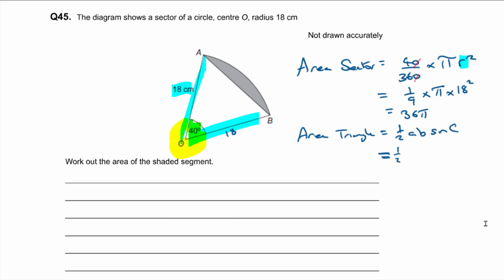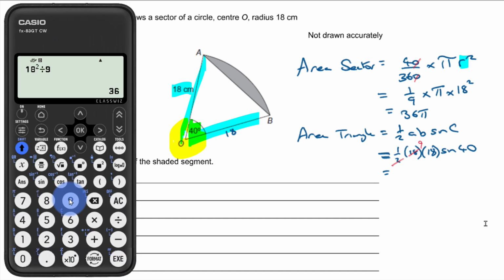I'm going to just go straight away and plug those in. So it's half of 18 times 18 times the sine of 40. Probably just going to cancel that into that, give me 9, and make it slightly easier to type into the calculator. 9 times 18 times the sine of 40. That comes out to be 104.1.